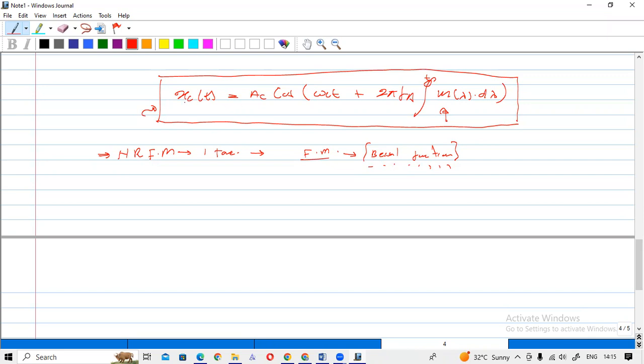Anyhow, up to now you have to understand this is the modulated waveform.